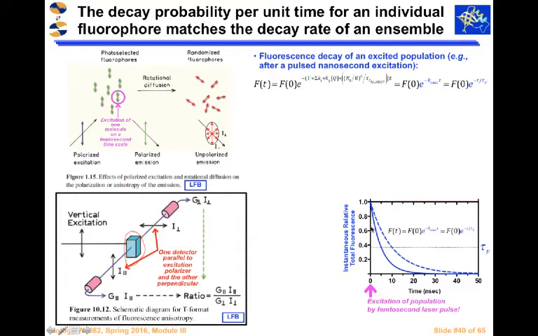decays. The decay of that population will be described by the overall rate of de-excitation. So it's a simple exponential function where the rate constant is the sum of the first order rate constants. The overall rate of decay of the population will be given by that sum, a first order rate constant for the population decay.